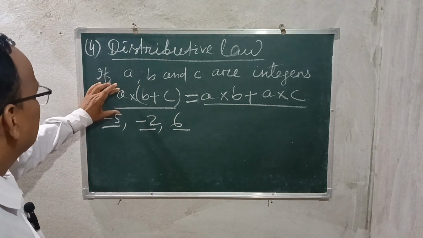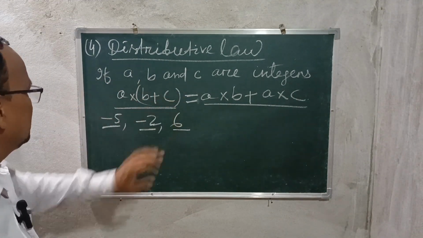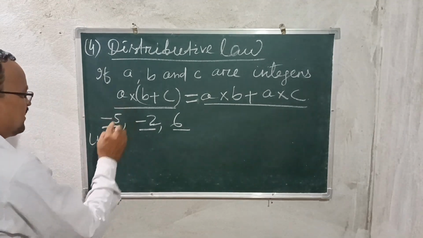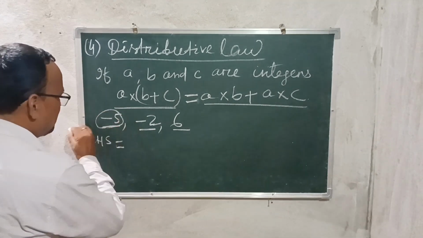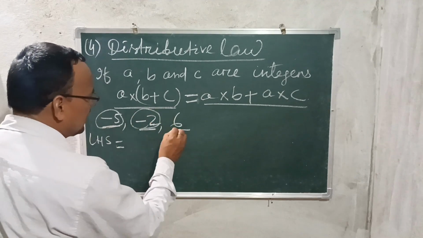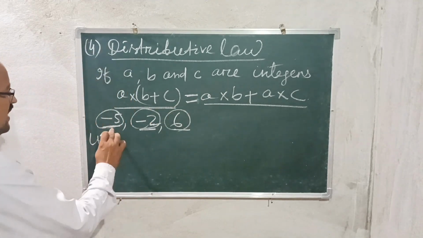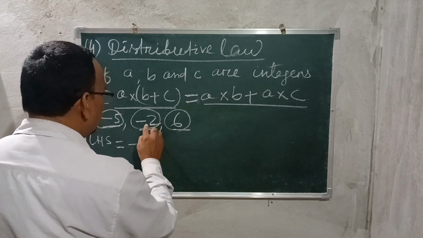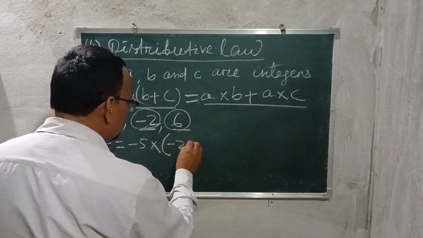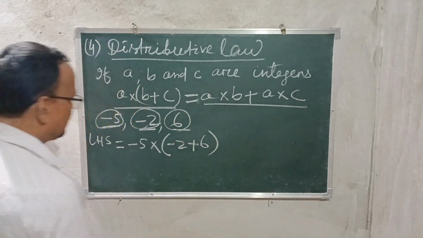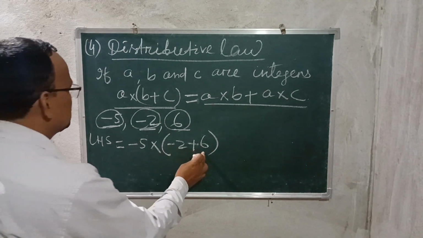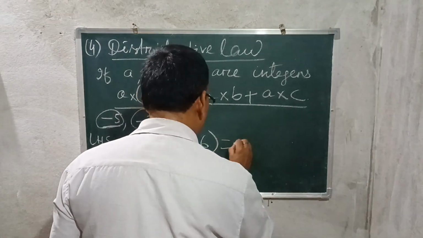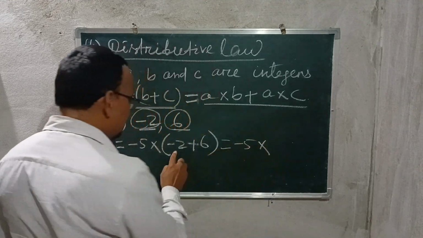Then we take left hand side, A into (B plus C). A is minus 5, B is minus 2, and C is 6. A into (B plus C) is equal to minus 5 into (minus 2 plus 6).